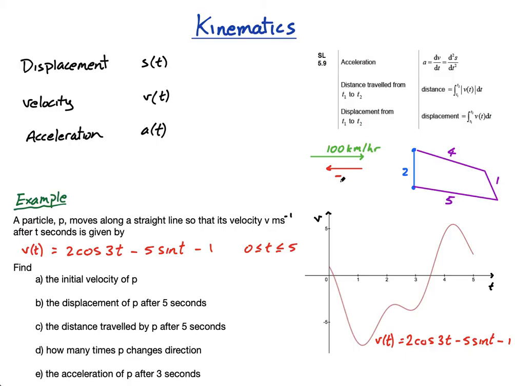Let's say you are reversing, so you're going a lot slower, let's say negative 20 kilometers per hour. Your velocity is now negative 20, but your speed is still 20. When you're reversing in a car, you don't say to someone, my speed is negative 20 kilometers per hour. You just say I'm going 20 kilometers per hour in reverse. Okay, so that's the difference between speed and velocity.